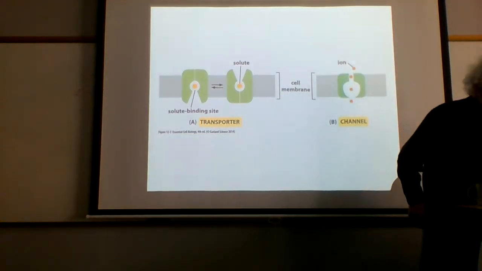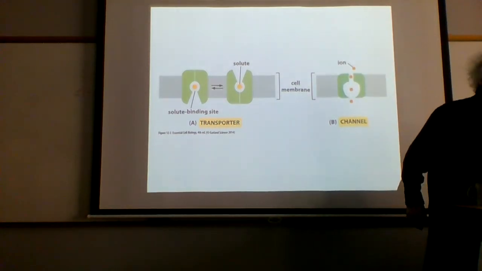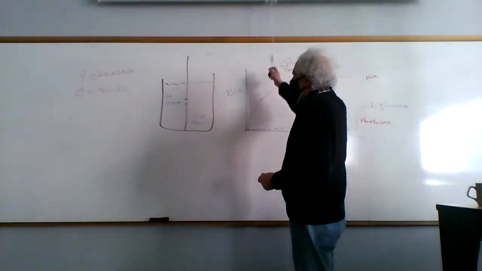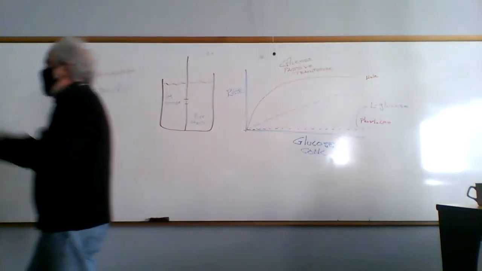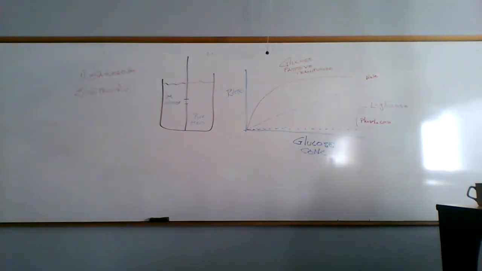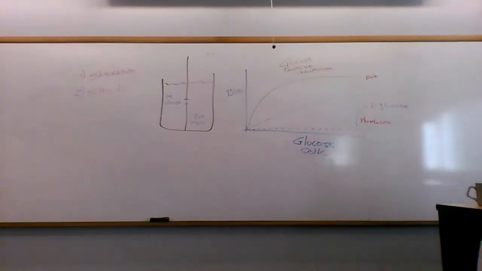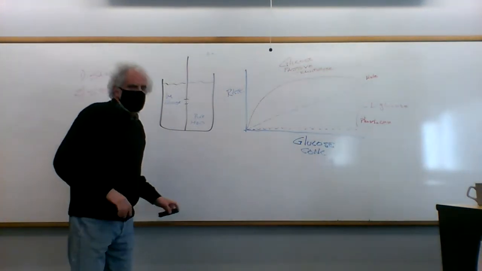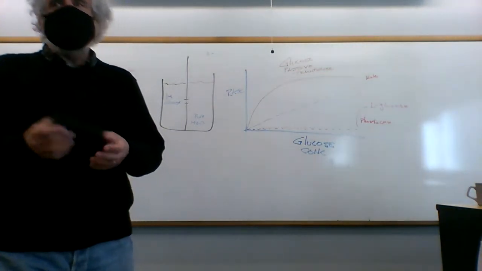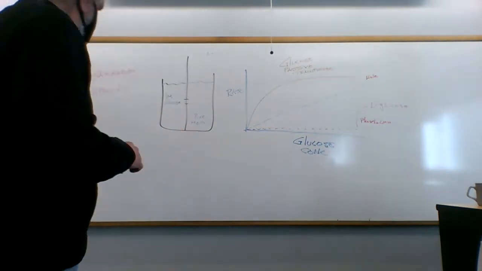But let's go back to the board. Look up. What we're doing is defining a whole bunch of terms right now. So we can now begin to kind of build a table of how things are moving.